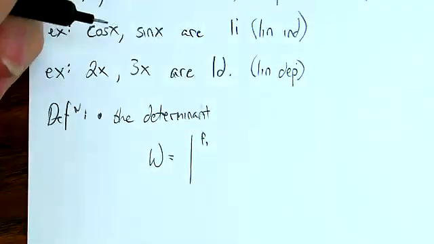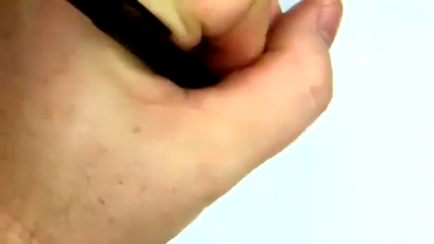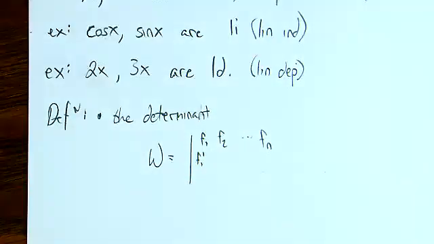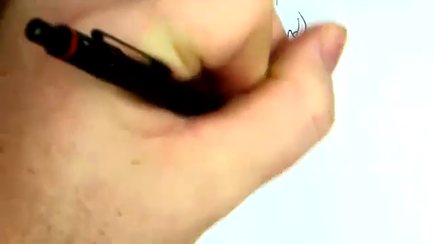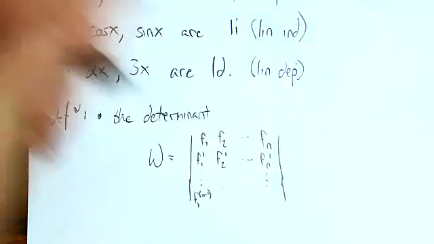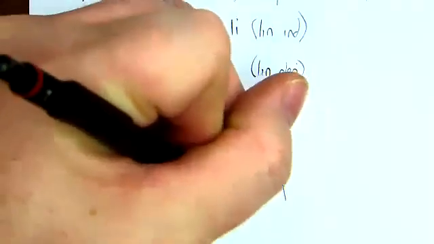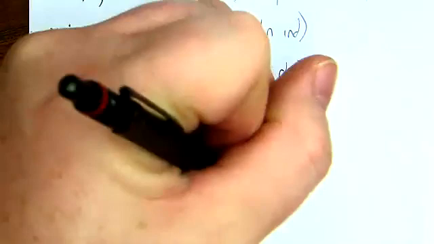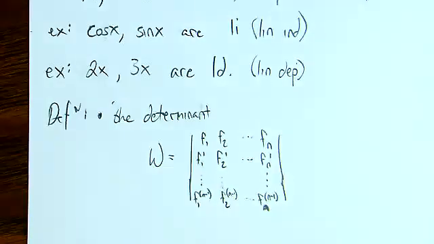The determinant, we'll call it W, which is the determinant of F1, F2, all the way out to Fn, F1 prime, F2 prime, all the way out to Fn prime, all the way down to the n minus 1 derivative of F1, the n minus 1 derivative of F2, all the way out to the n minus 1 derivative of Fn. This is called the Wronskian.